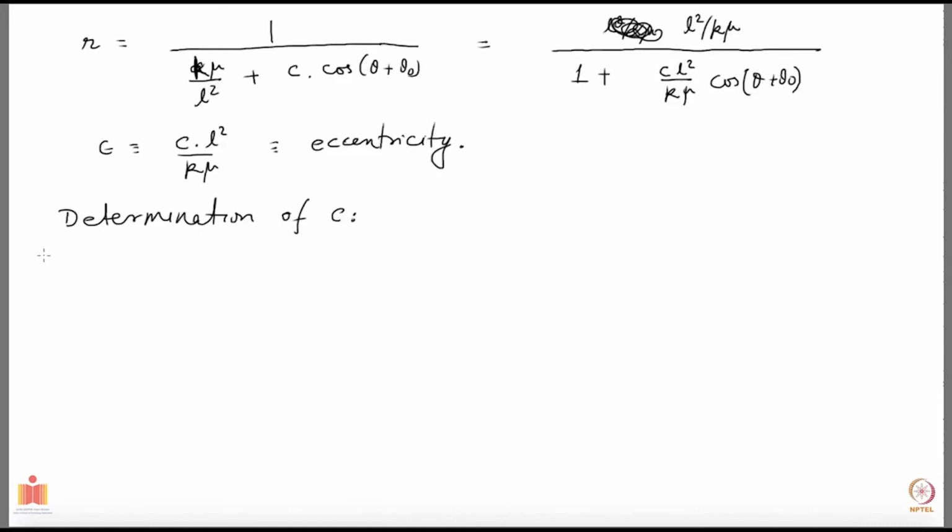So from plugging B into A, I will get the following. Let me tell you directly the answer.